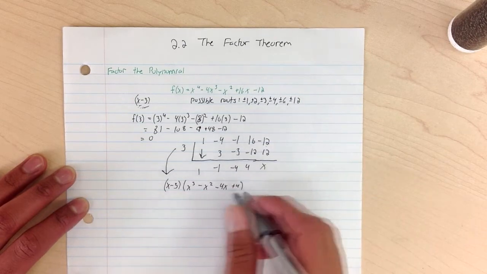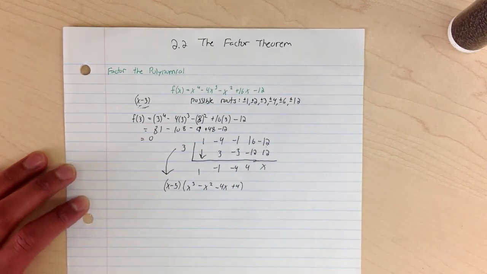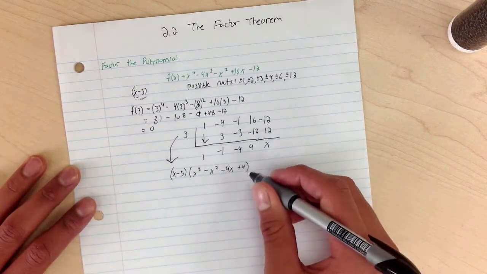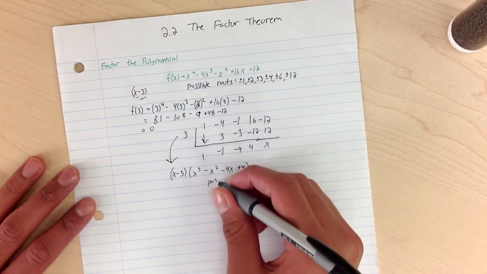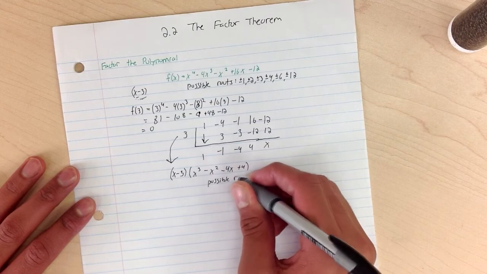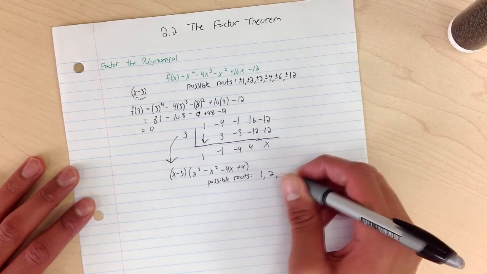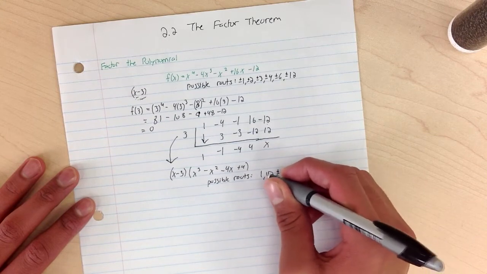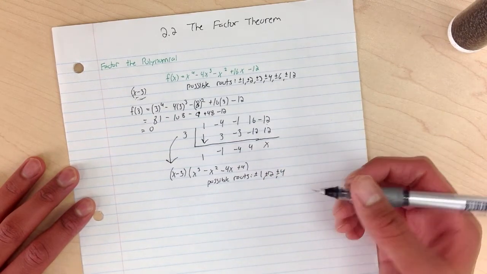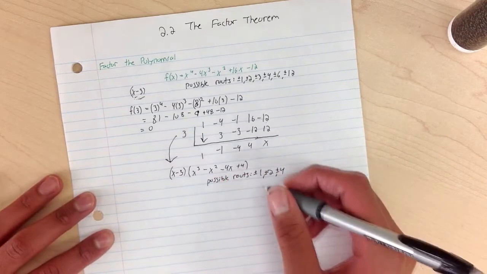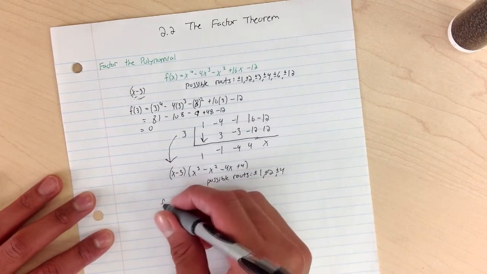So now we can't factor this further, we're going to do division again. So find the factors of 4 this time. The possible roots are 1, 2, and 4, all positive and negative. 1 works. So just to test it, we have f of 1.